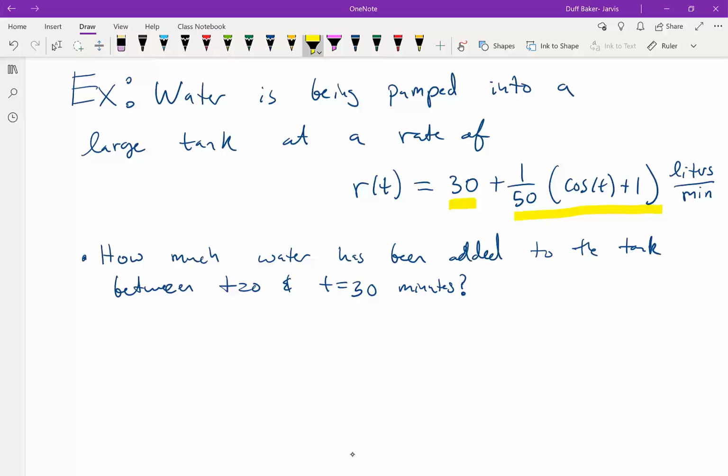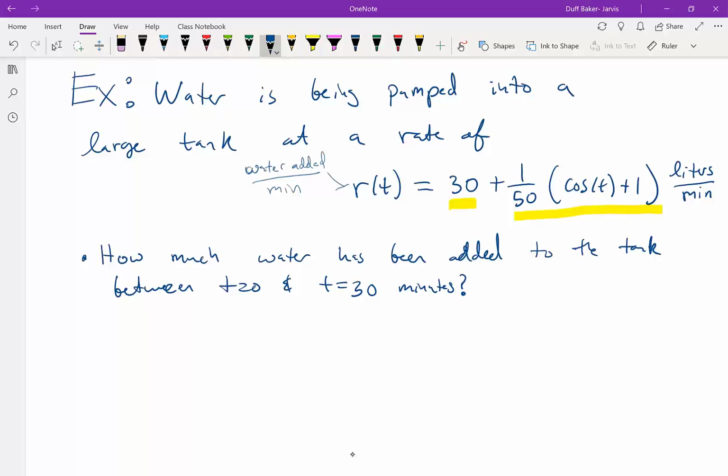And so if we think about this, the rate, the R of t, what does that represent? That's water added to the tank per minute, right? Liters per minute.